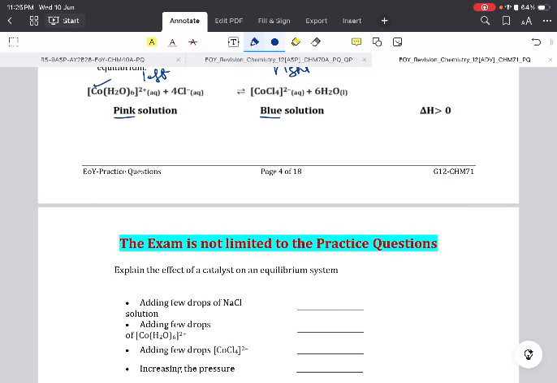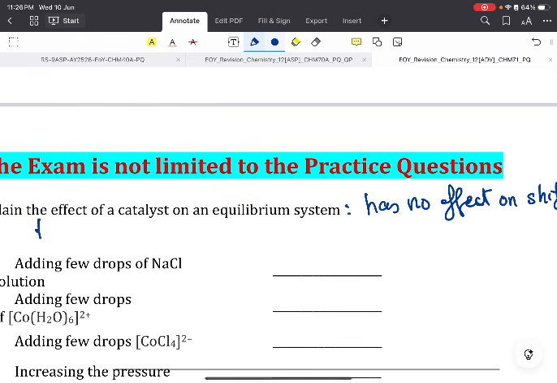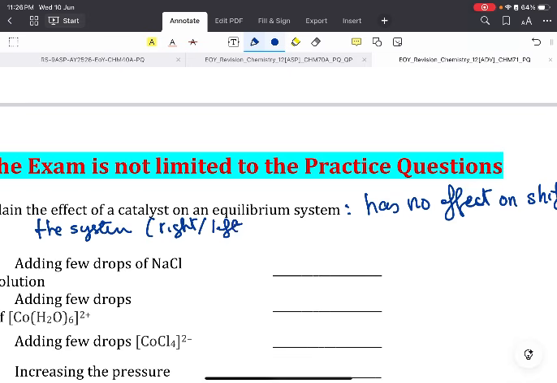Now in this question, they are asking me to explain the effect of a catalyst on an equilibrium system. A catalyst has no effect on shifting the system to the right or to the left.